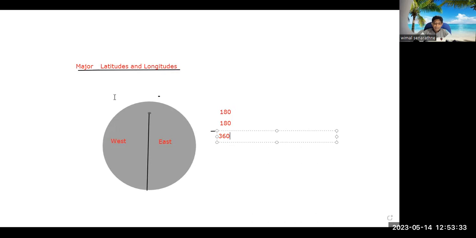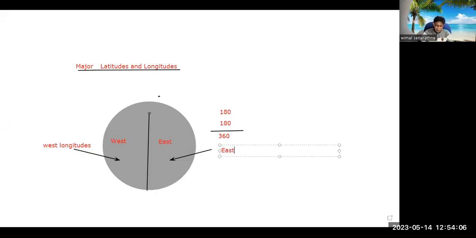Now you must remember, on the western side the longitudes are called west longitudes, and on this side the longitudes are called east longitudes.